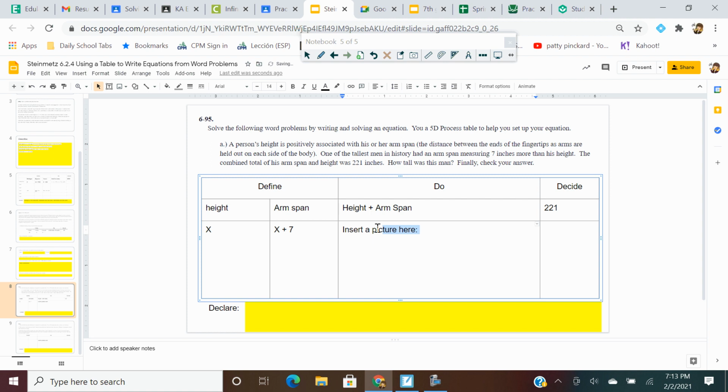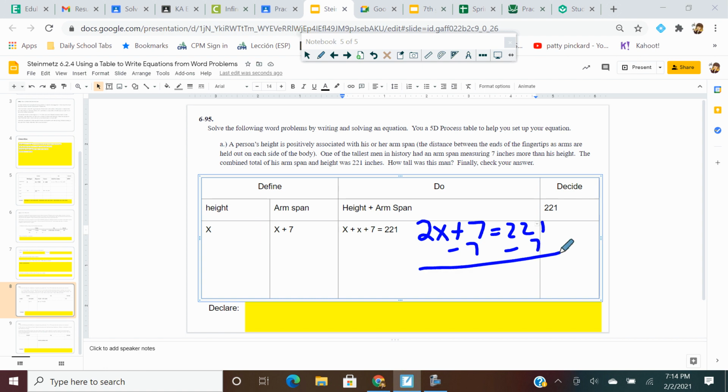And then my equation is going to be x plus x plus 7 equals 221. So then to solve that, I combine like terms. x plus x is 2x. So I'm going to get 2x plus 7 equals 221. Subtract 7 from both sides. I get 2x equals 214.